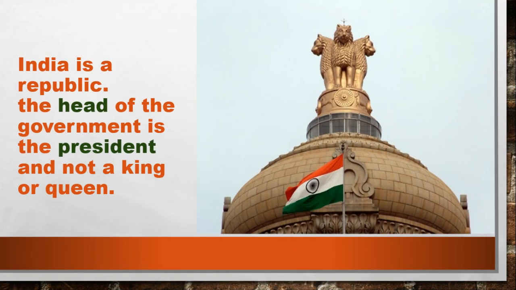Our constitution says that the head of the government will be an elected president and not a king or a queen. So such a government is called a republic. So we can say that India is a republic because the head of our country is an elected president. Do you know the name of our president who is the head of our country?